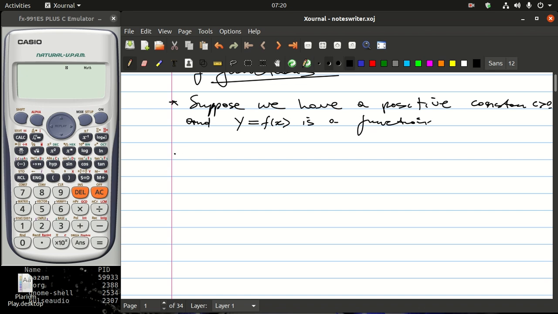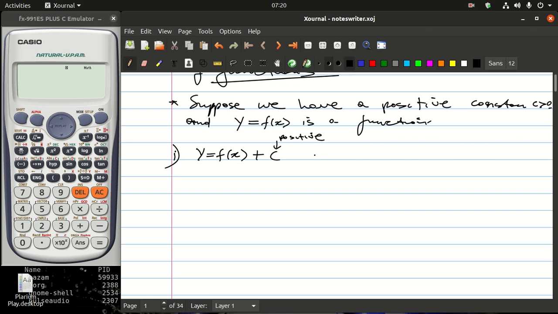So we're gonna look at one. y is equal to f of x plus c. Remember that our c is positive here. This is just saying that we take f of x, we take this function and then we shift it c units up.